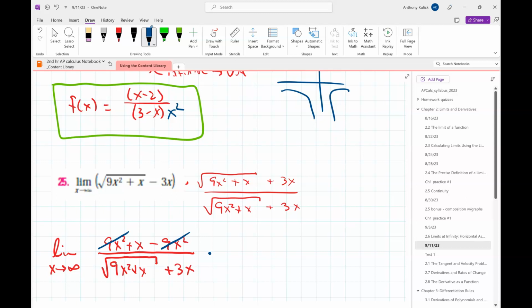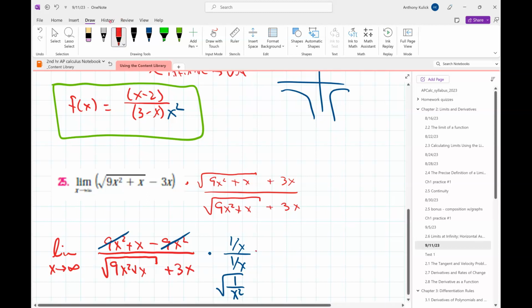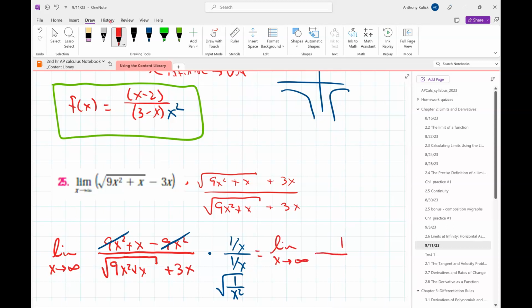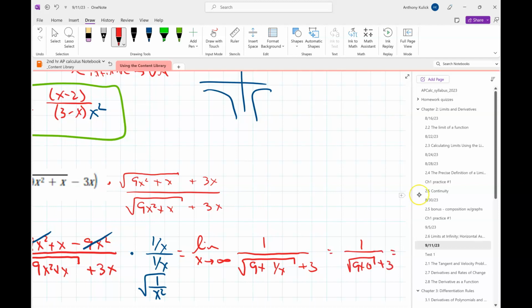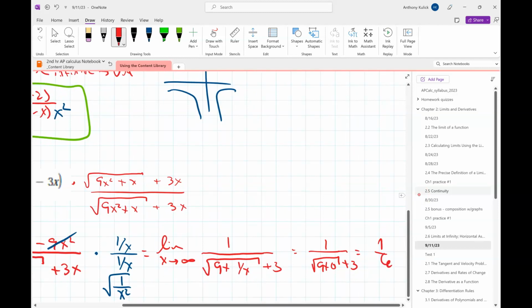Still not what I want, but if I multiply the top and bottom by 1 over x, or if I think about it as the square root of 1 over x squared, I think I'm going to have what I need. So if I do that, I got 1/6.